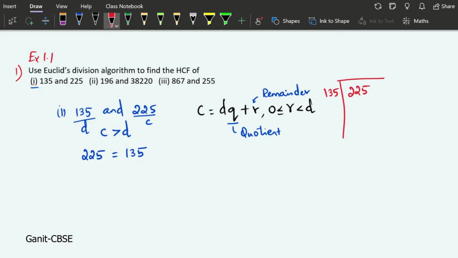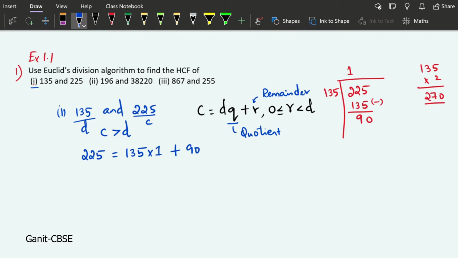How many 135s are there? If you multiply 135 by 2, you will get 270, which is greater than 225. So we can go with 1 times 135. If you subtract, the remainder will be 90. So the quotient is 1 and the remainder is 90.